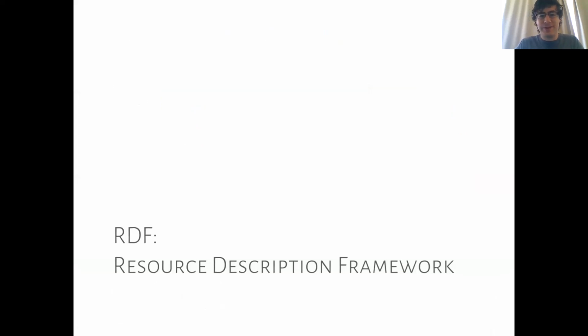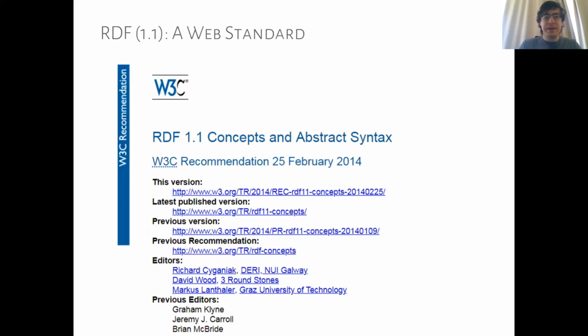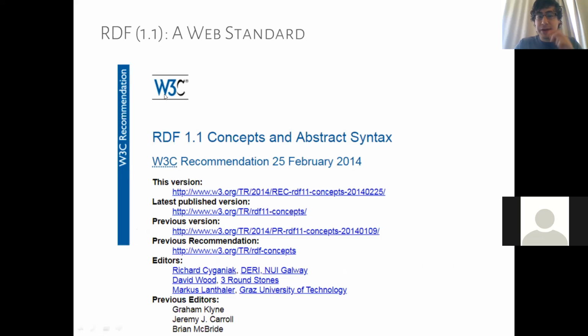Whatever you can name is a resource. So it's a web standard. It has been recommended by this organization called the W3C, World Wide Web Consortium, for many years. The newest version is called RDF 1.1, and it's been a standard since 2014. The earliest version of RDF has been a standard since 1999.